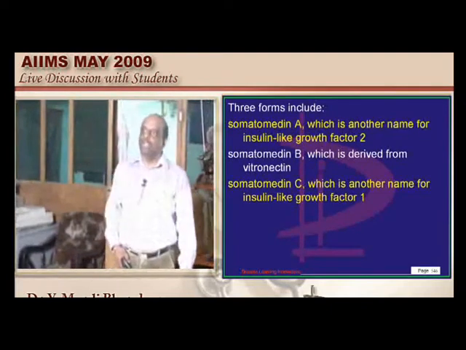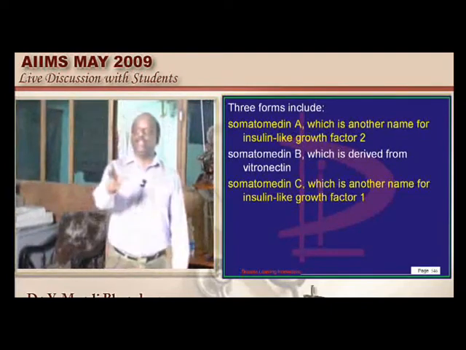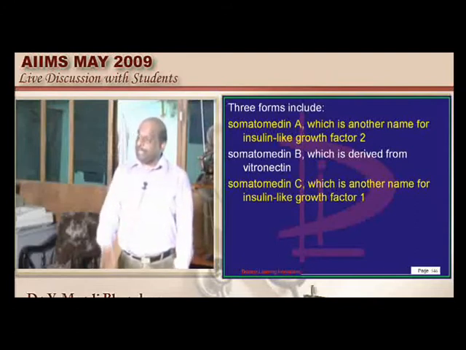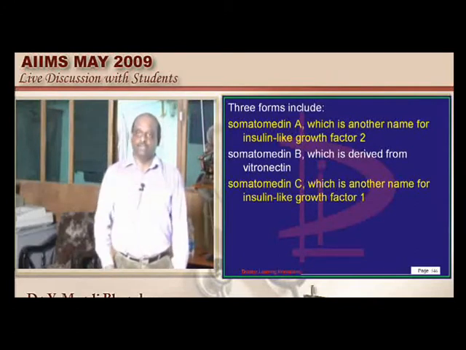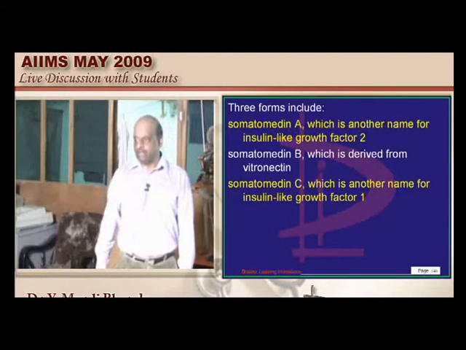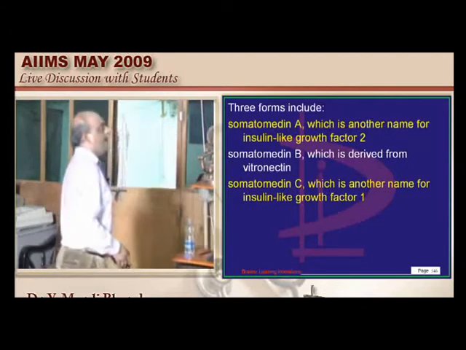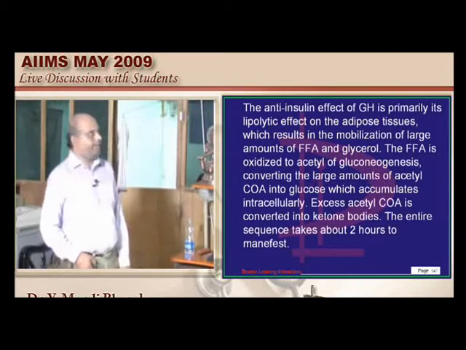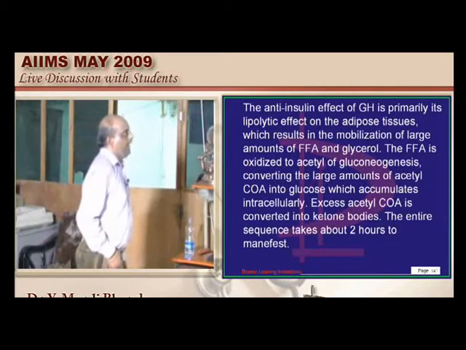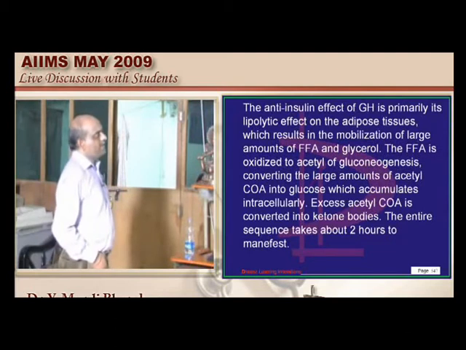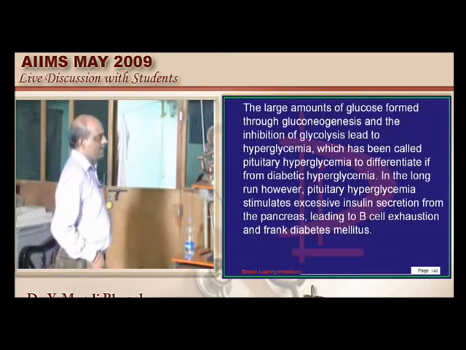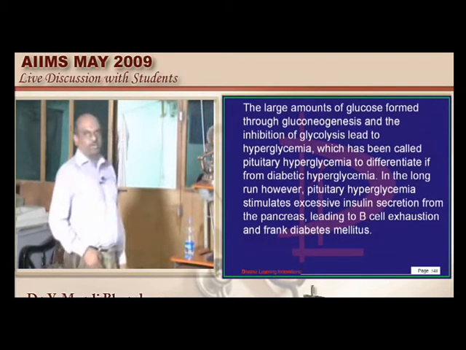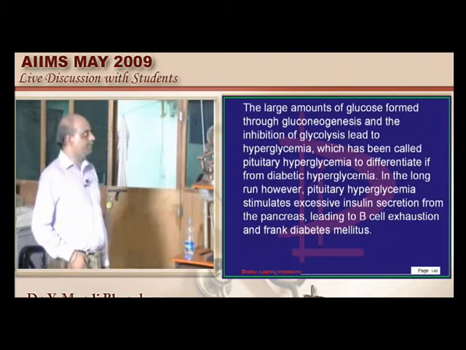First of all, growth hormone has dual effects: an anti-insulin effect and a pro-insulin effect. The anti-insulin effect is mainly its lipolytic effect on adipose tissue, with suppression of glycolysis and stimulation of gluconeogenesis. All these fundamentally lead growth hormone to a hyperglycemic state.